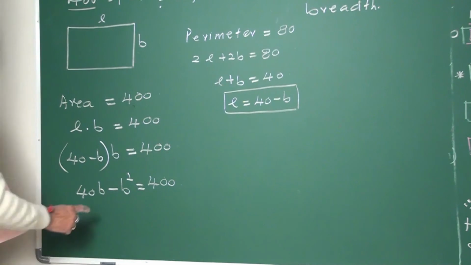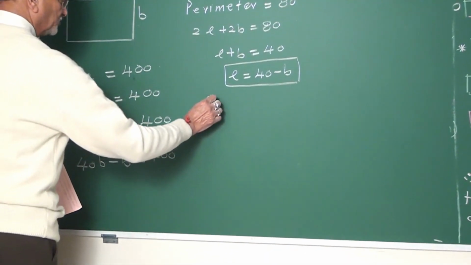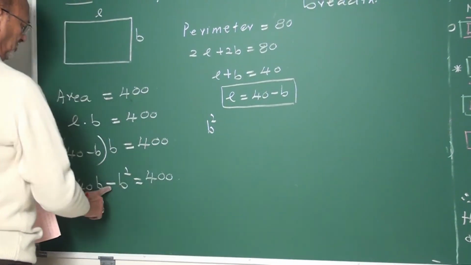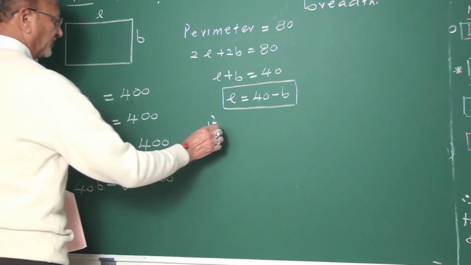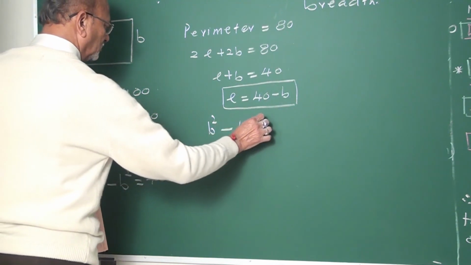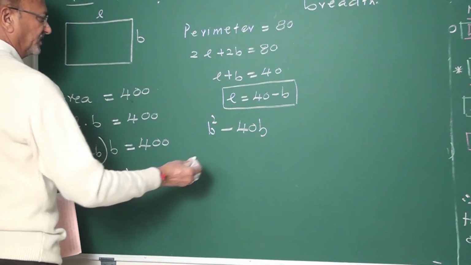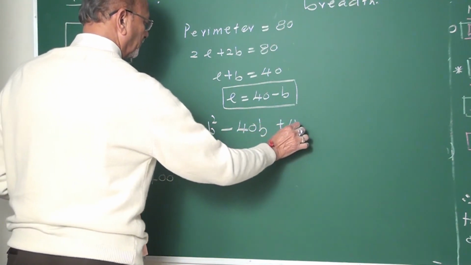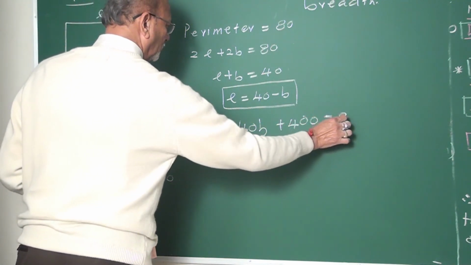Yes, take this side, my friend. Minus becomes plus, plus becomes minus. You are taking this side, it is plus 400 only, equal to 0.